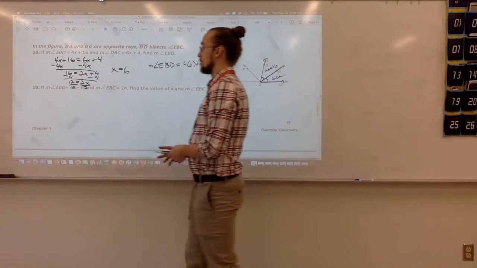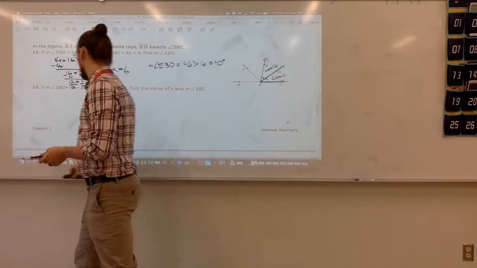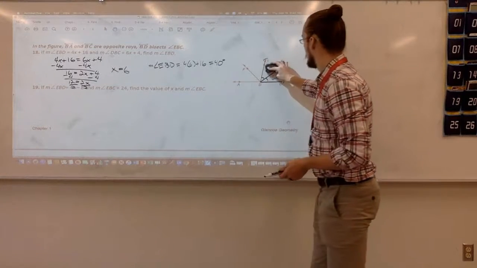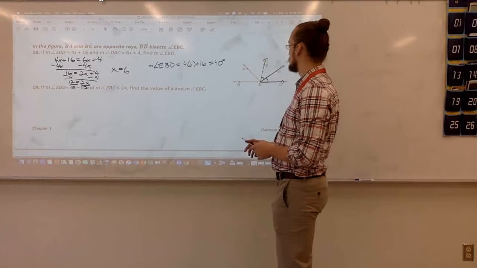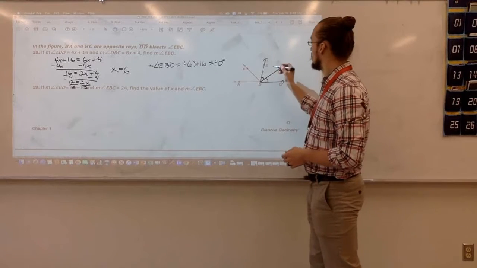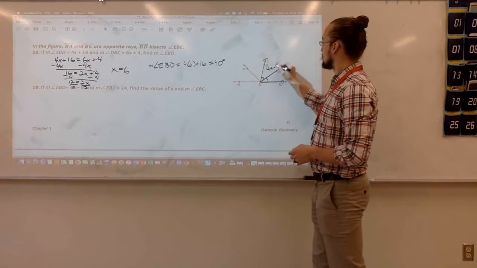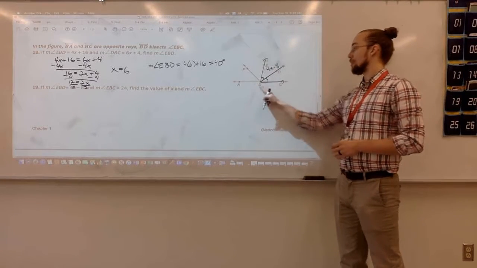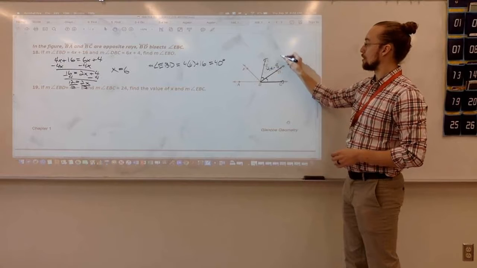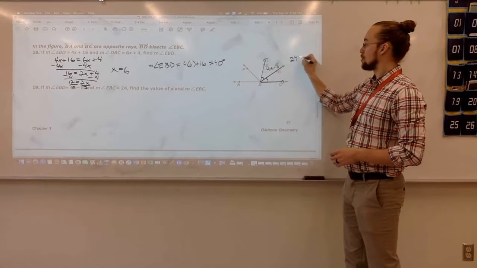Then on 19, we're dealing with the same diagram, so I still know that these two smaller angles are equal, but we're given different information. Now it tells me EBD is 4x minus 8, and EBC, which is this whole angle here, is 24 degrees.